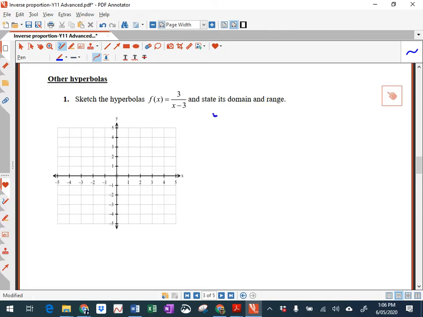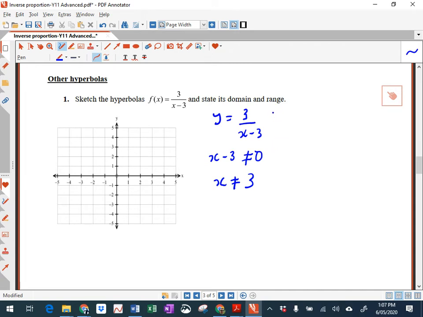I'm going to rewrite it as y equals 3 on x minus 3. Now, we know that you can't have a zero denominator in mathematics. So x minus 3 cannot be 0. Okay, in other words, x cannot be 3. All right, so if x cannot be 3, that means I can draw a vertical line at x equals 3.